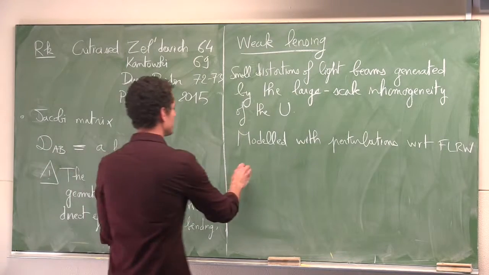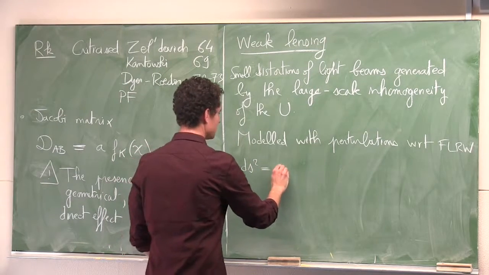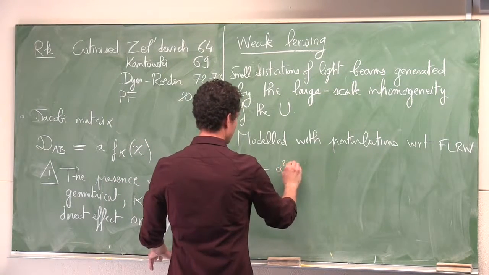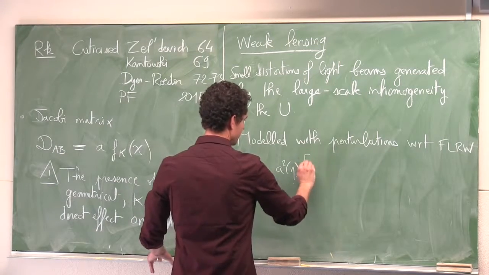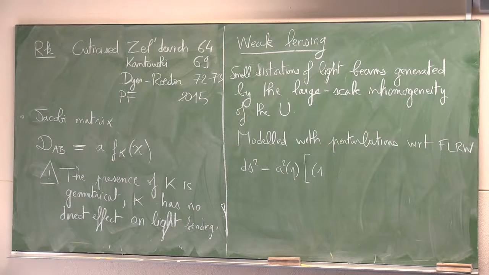And so the metric that I'm going to take is this one. So we still have our a squared theta. We have one minus a plus, remember.